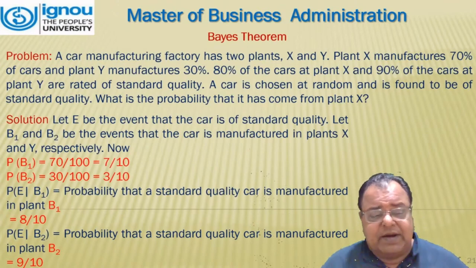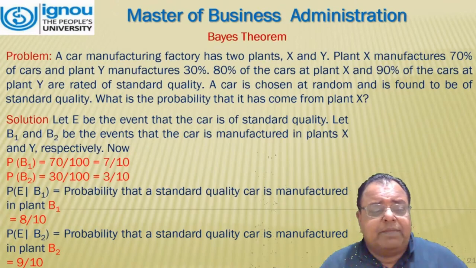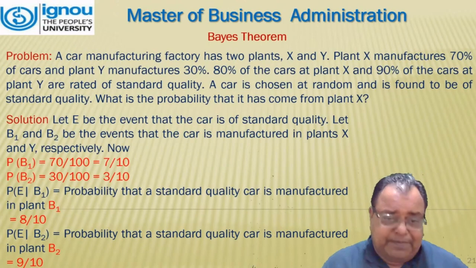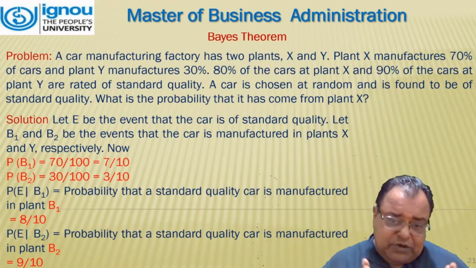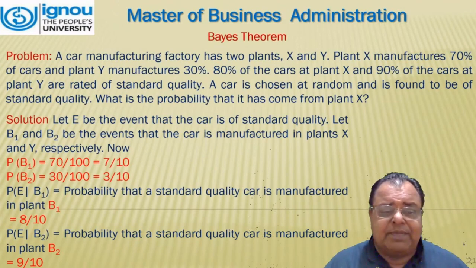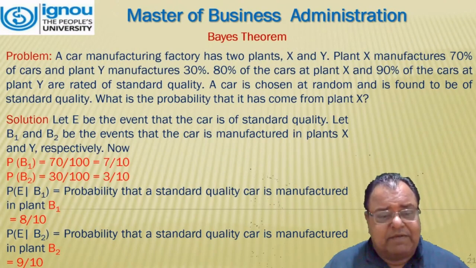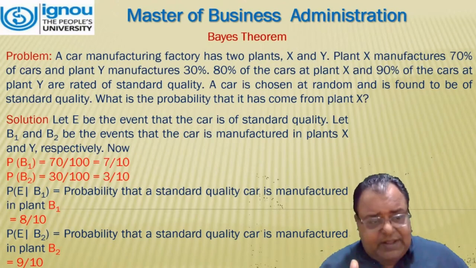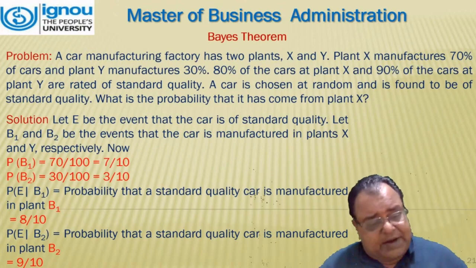And for the second plant, plant Y, probability B2 is equal to 30 by 100. That is 3 by 10. For the simplicity of solving the problem, try to keep the denominator of all the probabilities and all the values the same. That is why here in this case, we will keep it as 10.